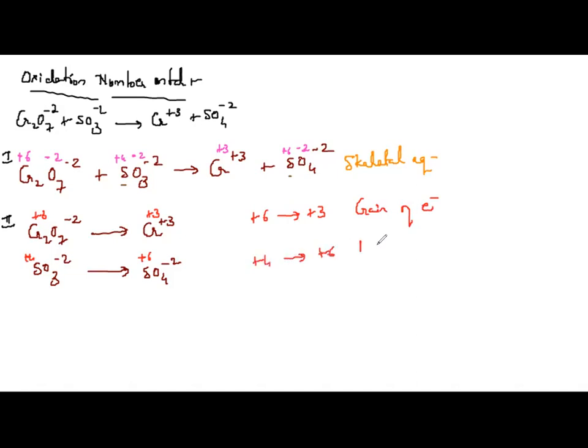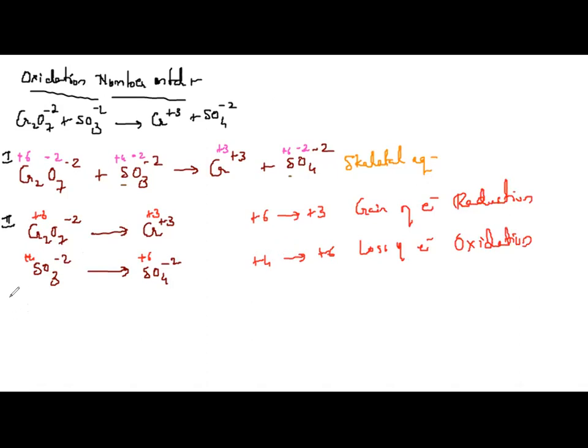That means there is loss of electrons. So the dichromate ion is undergoing what? Reduction. And sulfur is undergoing oxidation, correct? Therefore, I can say the dichromate ion is the oxidant because it helps in oxidation of the other, whereas the sulfite ion is the reductant because it helps in reduction. Is that right?